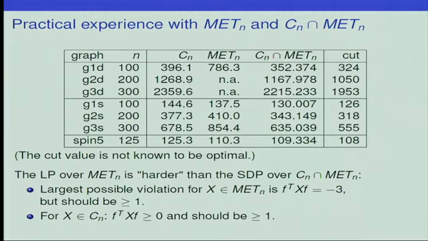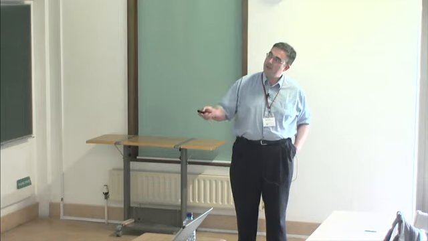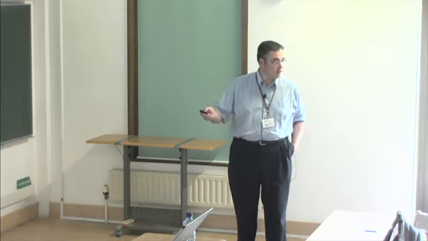One idea that's been tried in different ways is to intersect the correlation matrices with the triangle inequalities. So we can optimize over just the correlation matrices, just the metric polytope, or the intersection of the two. Not surprisingly, the intersection of the two gives the best bounds of the three.